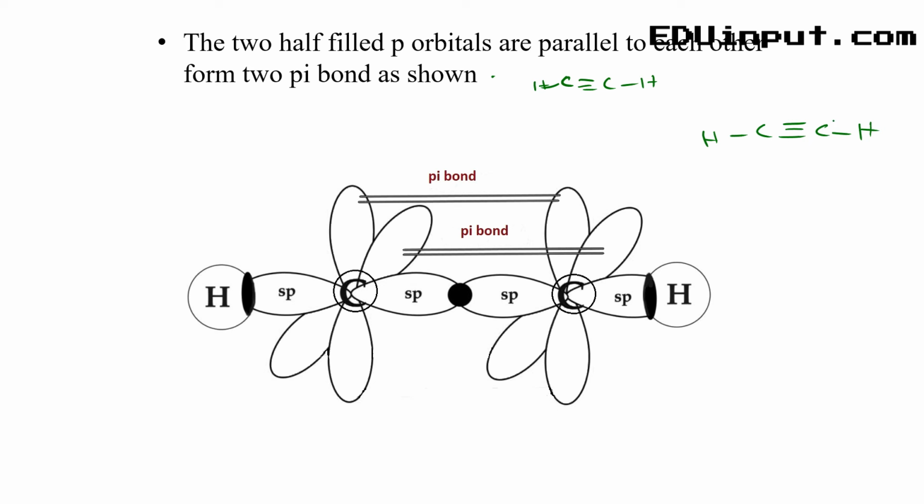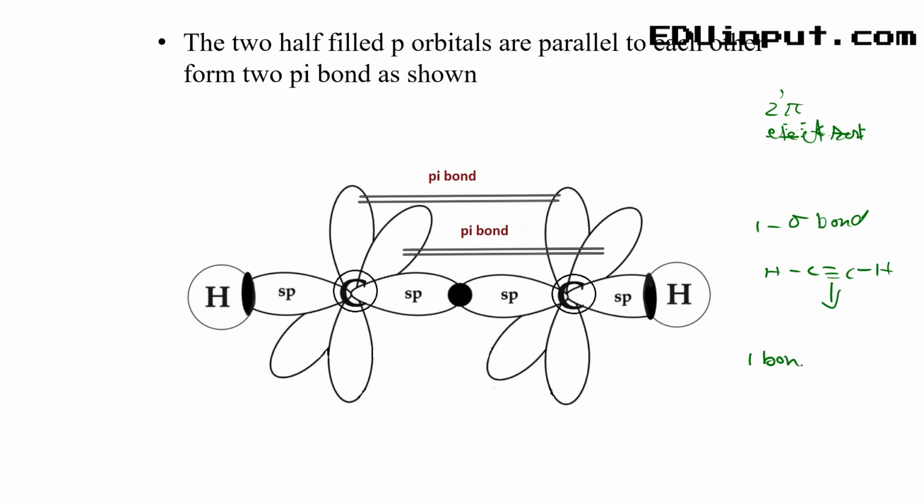Because we aim to find the hybridization of carbon atom, we consider this triple bond to be one bond pair according to the VSEPR theory.